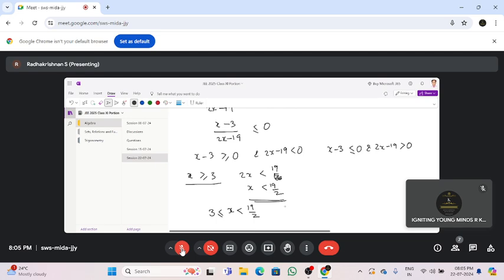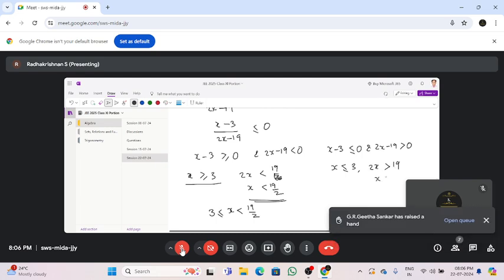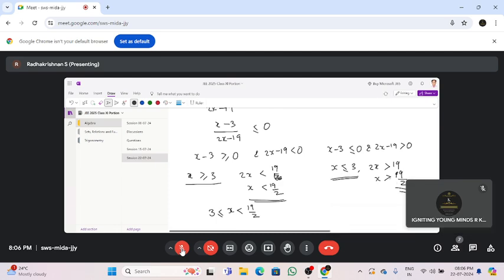What about this part? x minus 3 less than or equal to 0, 2x minus 19 greater than 0. That means x less than or equal to 3, 2x greater than 19, x greater than 19 by 2. Same numbers, reversed: 9.5 comma 3, left open, right closed. It's not possible. x cannot be simultaneously less than 3 and greater than 9.5.